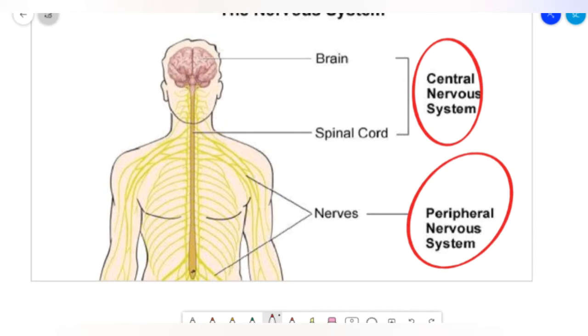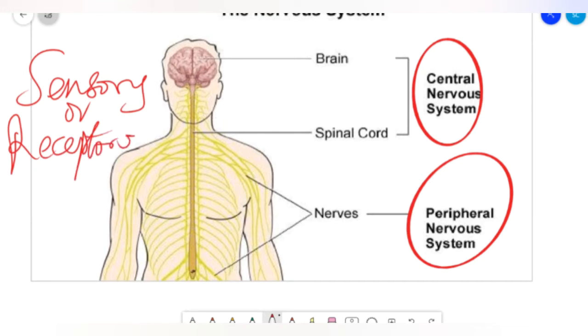Now before I go into this system, I want to enlighten you that the nervous system is made up of cells. The multicellular organism as a whole is made up of two major kinds of cells. There are specialized cells that receive stimuli, and there are other cells that coordinate the response of the body to stimuli. The cells that receive stimuli are called the sensory cells, or we call them receptors.